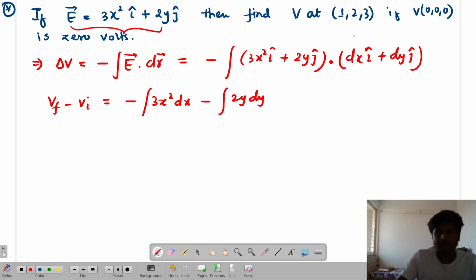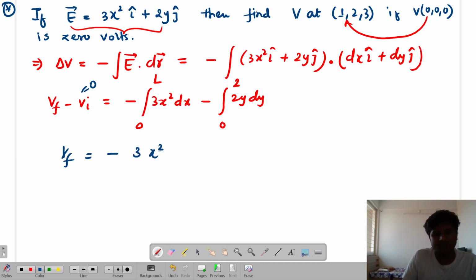And I'm going from where to where? 0 to 1 for x. Look over here, x I'm going 0 to 1, and y I'm going from 0 to 2. Right or not? And initially at 0 comma 0 comma 0, this is 0. So V final is very very simple. Integral minus 3x cube by 3, I'm writing it directly, 0 to 1. You know the integration now?